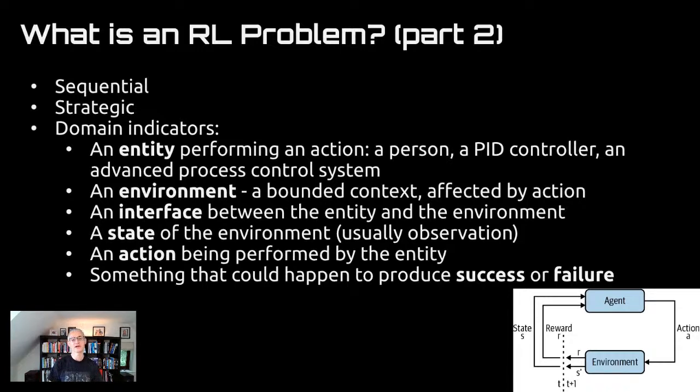It's also important that the environment is affected by the action, and that effect is observable by the agent itself. Because if nothing changes when the agent does something, it can be really hard for the agent to figure out which action actually led to a successful result, because the action didn't actually change anything in the environment.